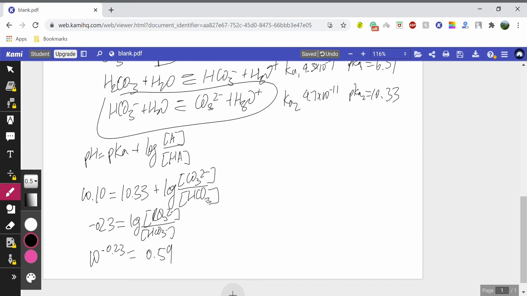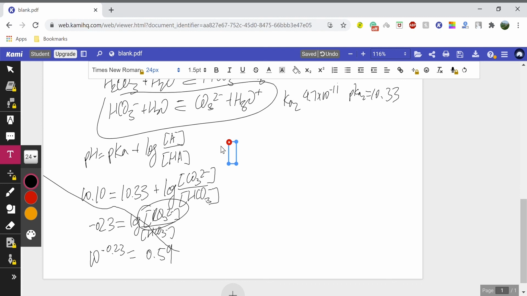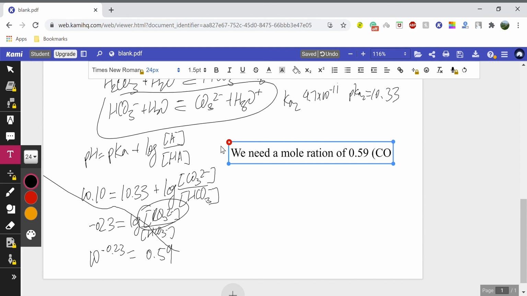0.59. And what is the ratio? The ratio is the conjugate base divided by the acid. So now we can have our explanation of what we need to prepare. We need a mole ratio of 0.59 of CO3 2 minus compared to HCO3 minus.